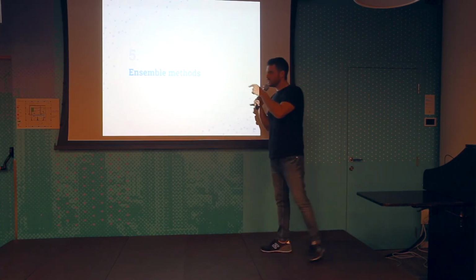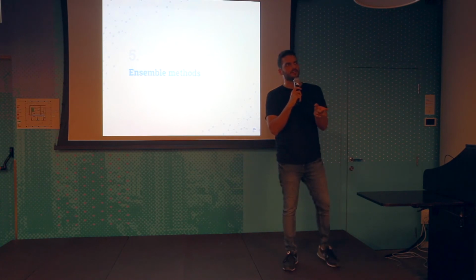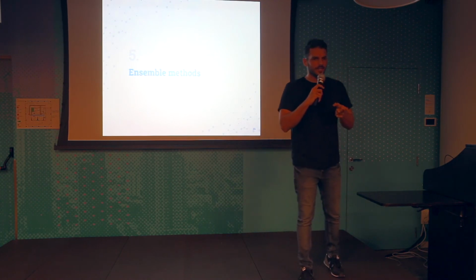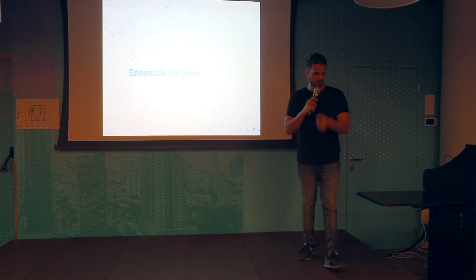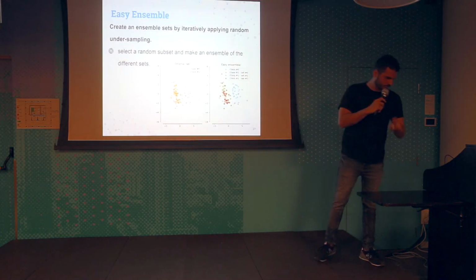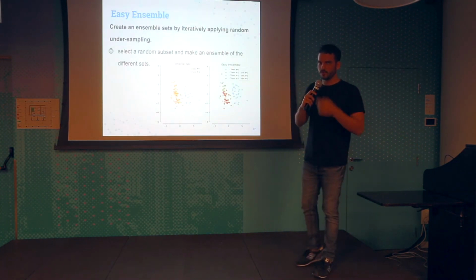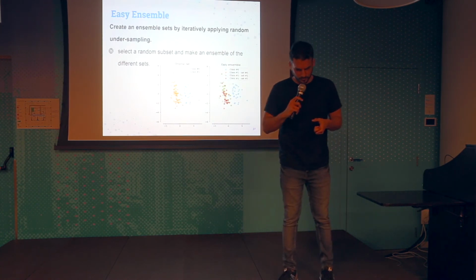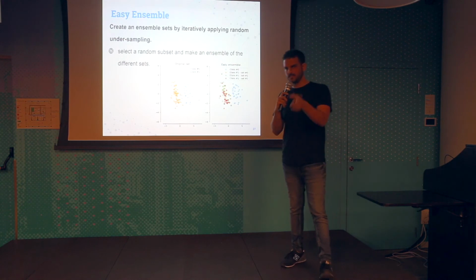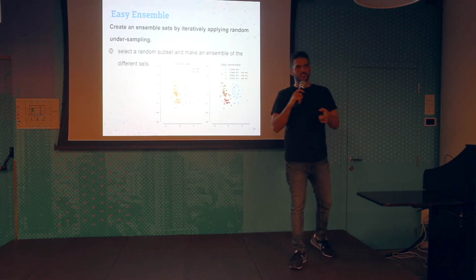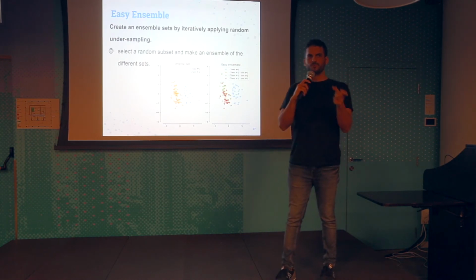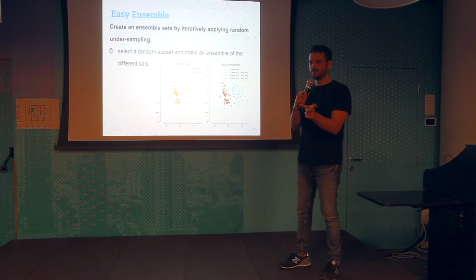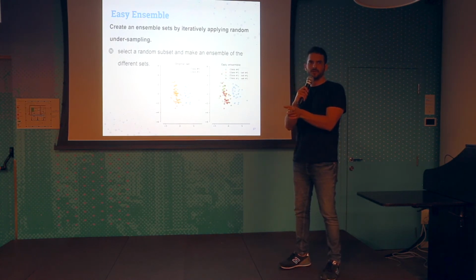Ensemble methods really boil down to the modeling approach. I'm going to mention Easy Ensemble, there are a few more. What you do here is you take the majority class and randomly sample from it, and you train an AdaBoost classifier on the sample and the entire minority class.